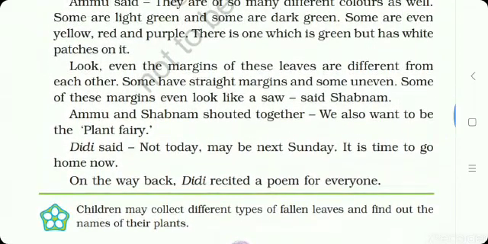So children, do all the leaves have similar colors, shape and margins? Tell me. Think. This is what the children will come to know now. They come to know that there are different colors, margins and shapes of leaves.